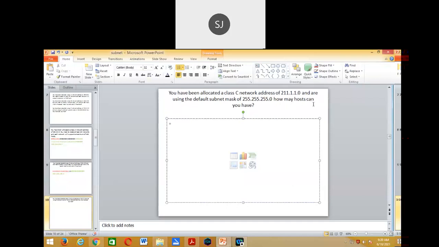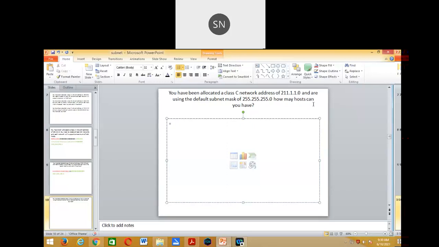So how many hosts can you have? You have been allocated a class C network address. How many hosts can you have? 254.